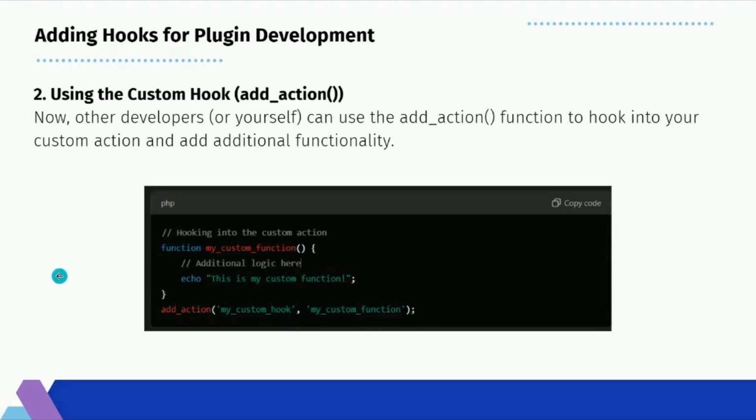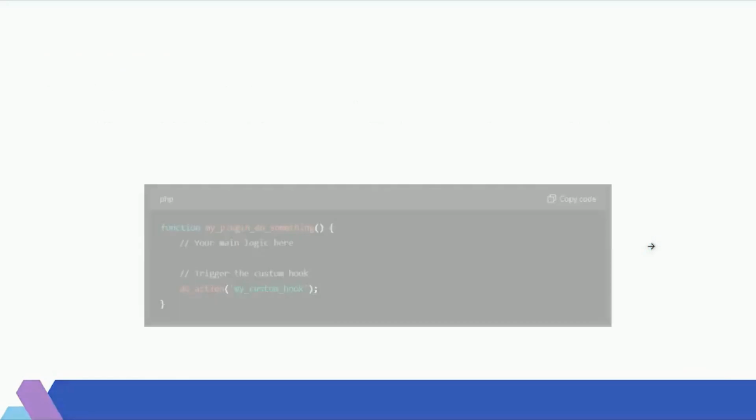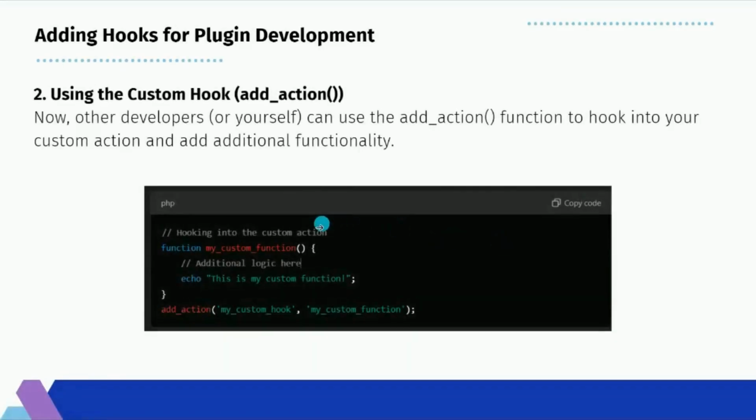So you can see on number 1, I call here do_action my_custom_hook. So to add content there, we need to add this code. You need to take note of this.